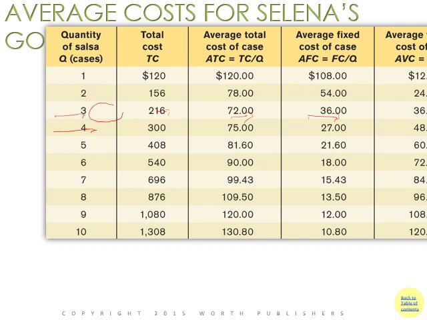Then when output is equal to 2, our total cost is 156. 156 divided by 2 is 78. Average fixed cost is 108 divided by 2, which is 54. Average variable cost is 48 divided by 2, which is 24.